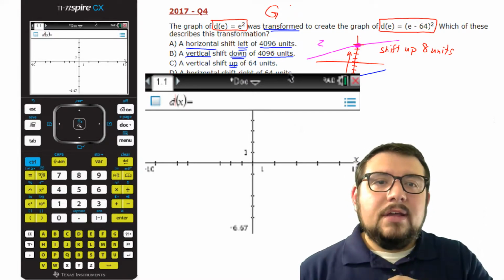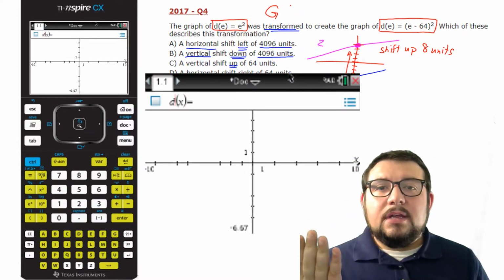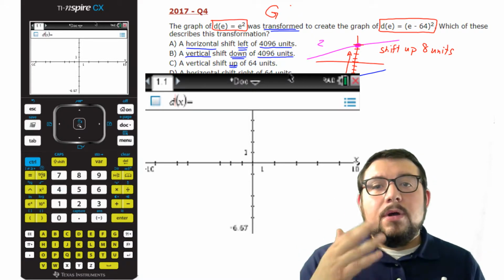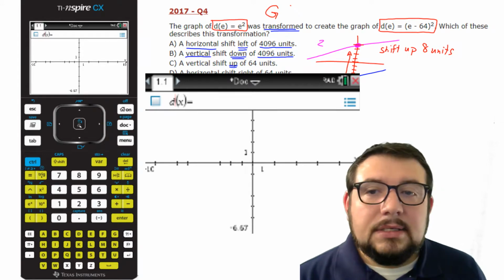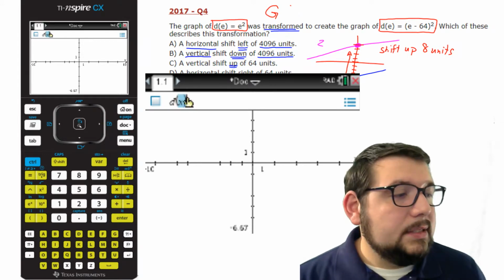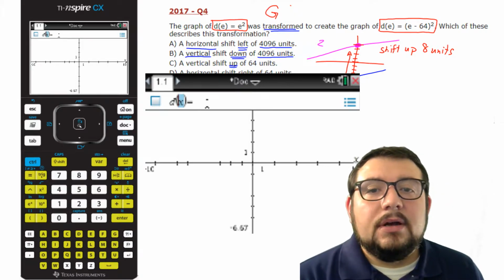You change one thing in the calculator and one thing on paper. Here I can see that the letter X is in parentheses, and that's important because the letter X has to be the letter in the parentheses as far as the calculator is concerned.